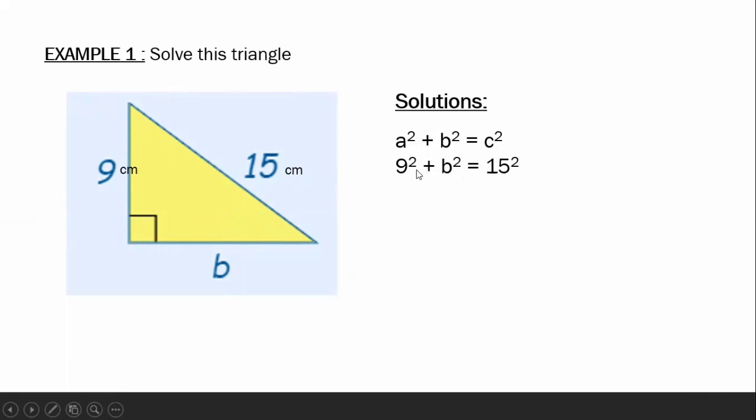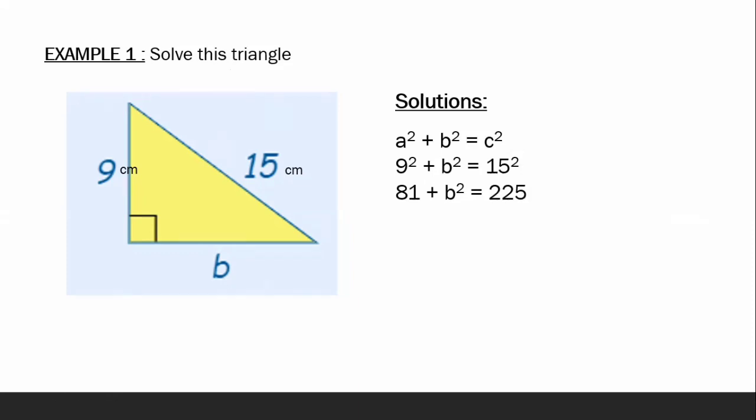Okay, 9 squared, that is 9 times 9, so 81. 15 squared, that is 15 times 15, that is 225. Now, so we have that 81 plus B squared is equal to 225.